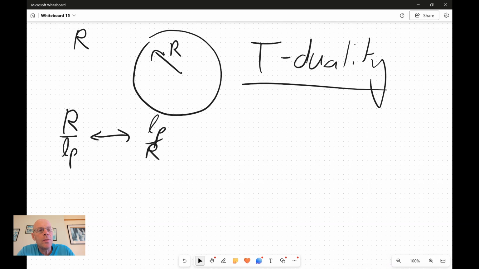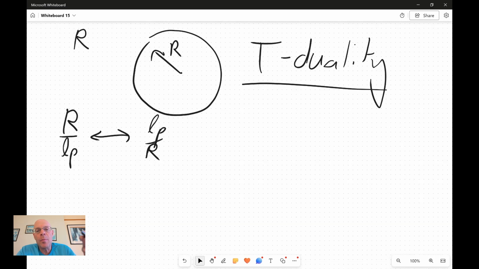So a universe with radius R, and R can be very, very large, has another description in terms of a universe with a small R, such that R over the Planck length has a dual description in a universe with the Planck length over the radius of the universe.